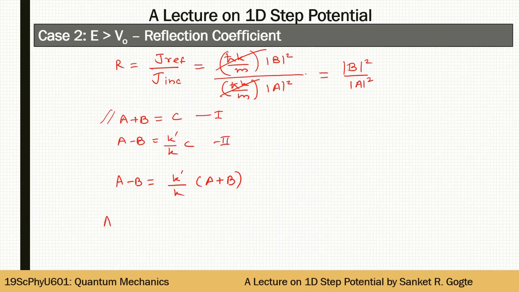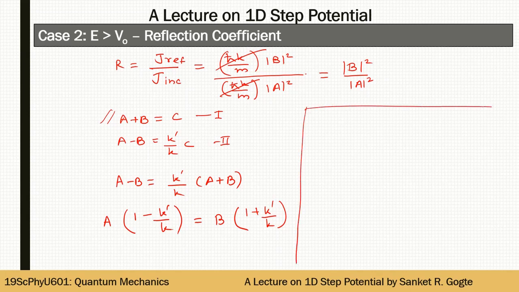therefore I'll collect all the terms on left hand side with a now. So it's 1 minus k prime by k, and this is equal to b into all the terms which have b. Now I have addition here, 1 plus k prime by k, and therefore what I have is, let me write here.